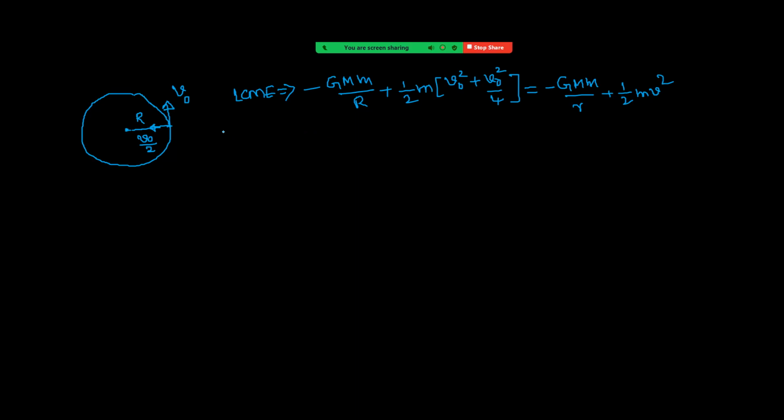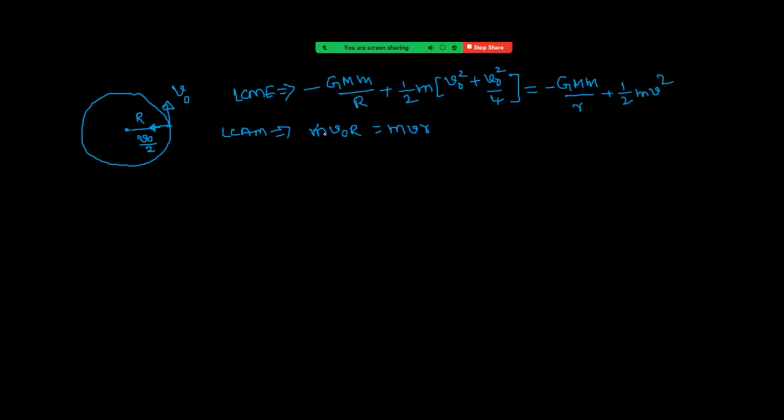Now we have to focus on conservation of angular momentum. Because of this component there is no angular momentum; it is only because of v naught. So m v naught R is equal to, when separation is minimum or maximum, m v r into sine 90.